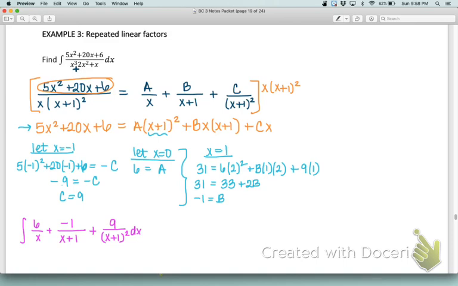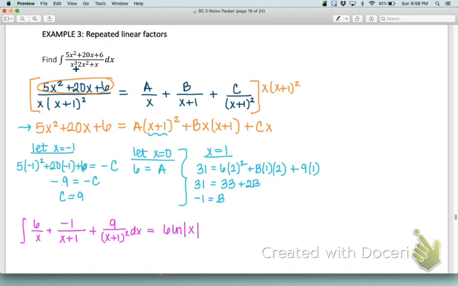Okay, now we can go through term by term and integrate that expression. So the first one is just 6 over x. Well, that's 6 times 1 over x. So that's going to be 6 times the natural log of the absolute value of x. The next one is going to be very similar.